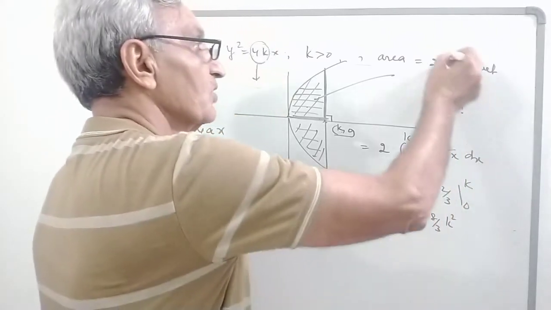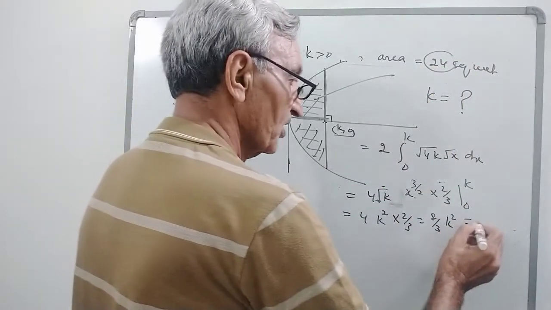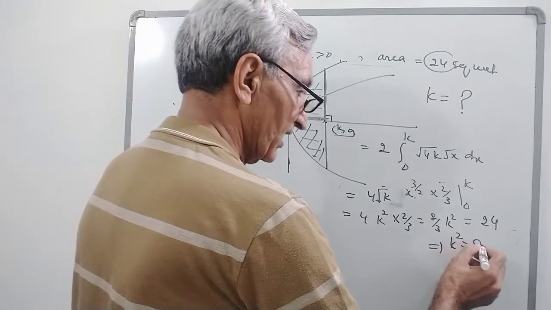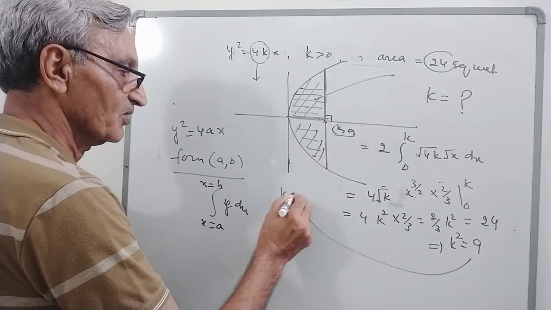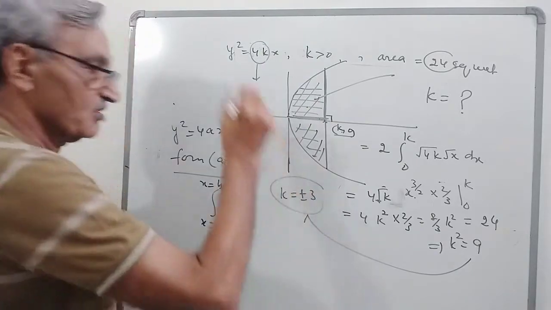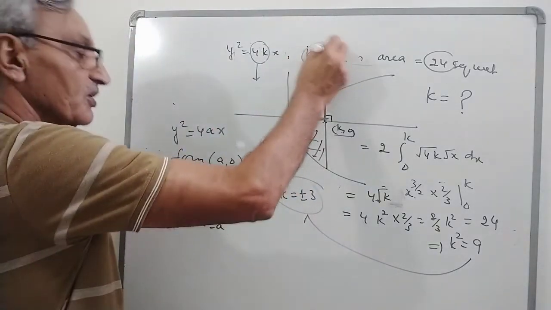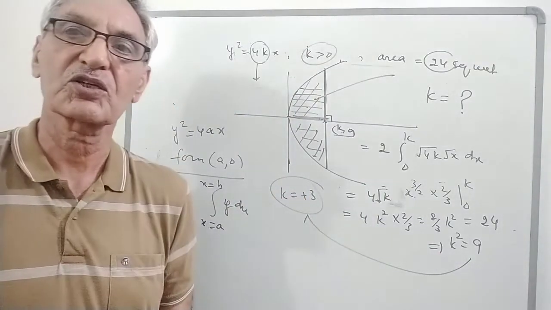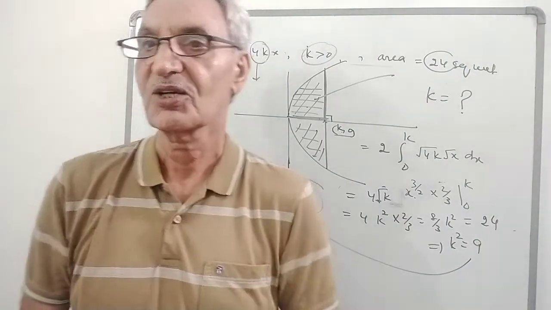This has been given equal to 24. Therefore, k² is equal to 9 and therefore k is equal to plus minus 3. That's my answer. And if k is positive, then k is only 3. So this was the question asked last year in 2021.